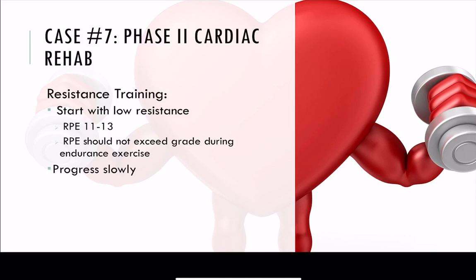I really like that. I like things that are easy for patients to understand and easy to do. When you're doing your warm-up or your aerobic, if you rate your RPE at an 11, when you go to do your strength training, don't ever go higher than that. And once your endurance gets to 13, 14, and you're not having any signs of cardiac intolerance, and hopefully they're independent with that monitoring, then go for that with strength training.